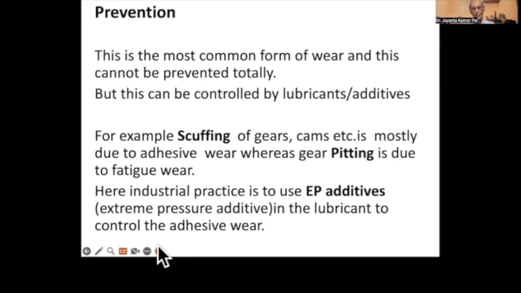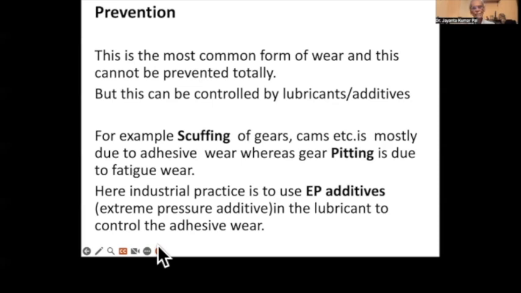We'll come to that. But in some cases, gears may be pitting. This pitting is not an adhesive wear. Pitting is a fatigue wear. So we must distinguish between scuffing and pitting. If in a certain case scuffing is more important, then we use lubricants with EP additives.